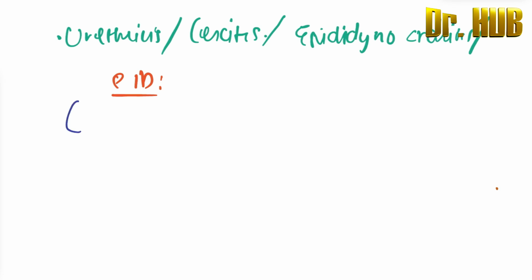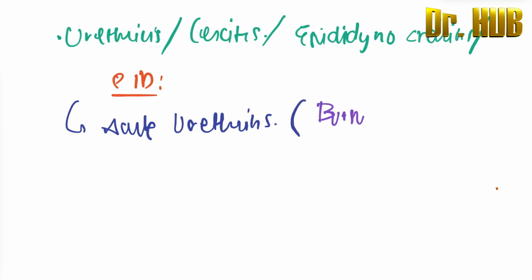The usual presentation is acute urethritis, with complaints of burning dysuria and purulent discharge.